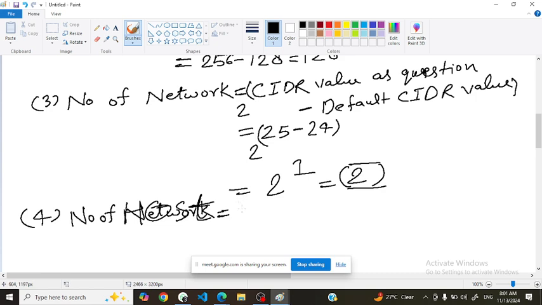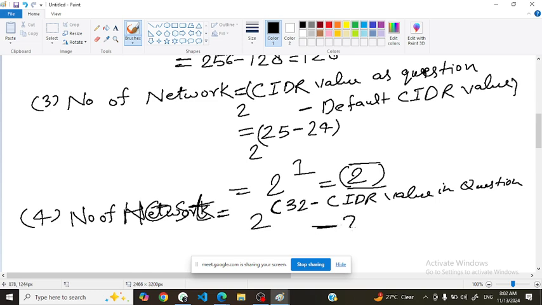So the number of hosts will be 2 to the power 32 minus the CIDR value in the question, minus 2.